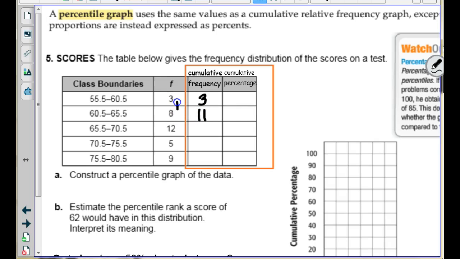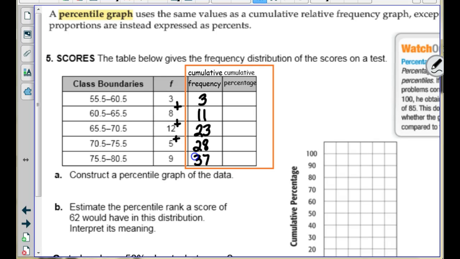We're adding these together. Okay, we're going to add 12 more here to 11. We'll be up to 23. Add 5, we'll be up to 28, just kidding. Can't add very well. Add 9 more and we're up to, okay.